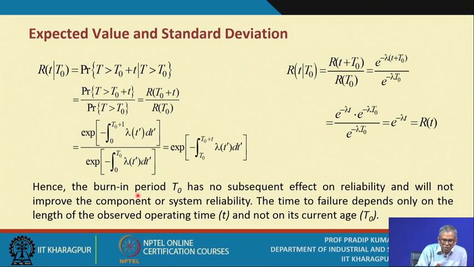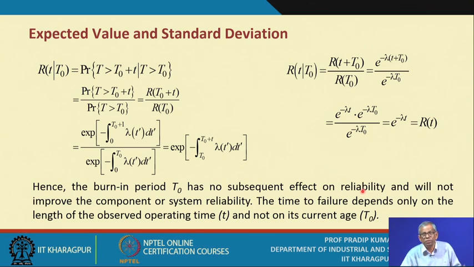That means you have to look at it from several practical perspectives, and accordingly all the aspects are to be incorporated in the modeling approach. Hence the burn-in period T0 initially has no subsequent effect on reliability. So this point is to be noted.